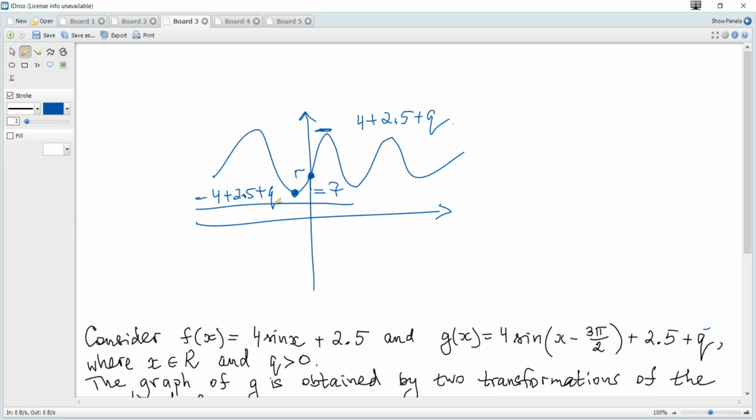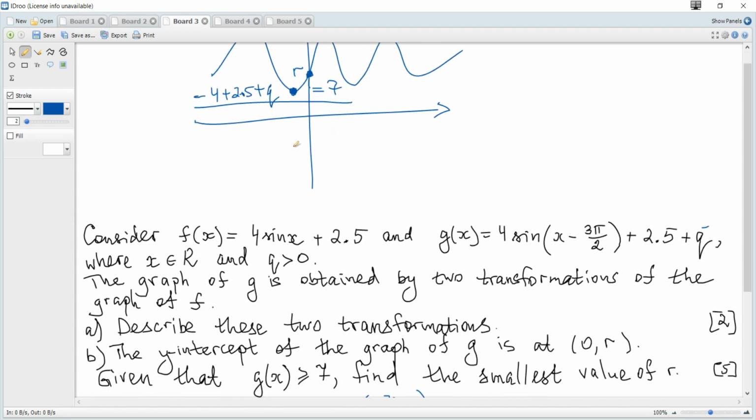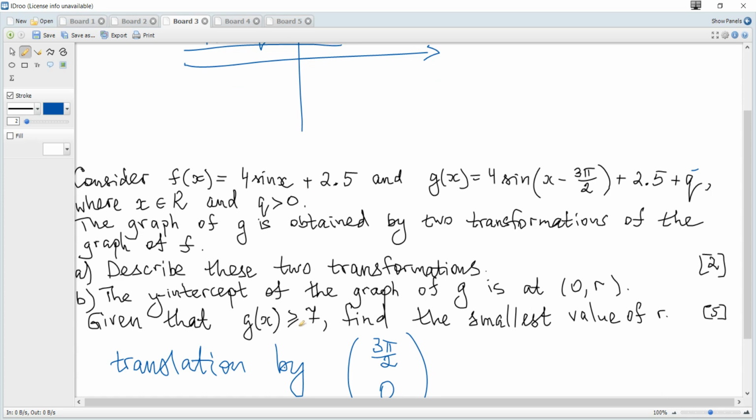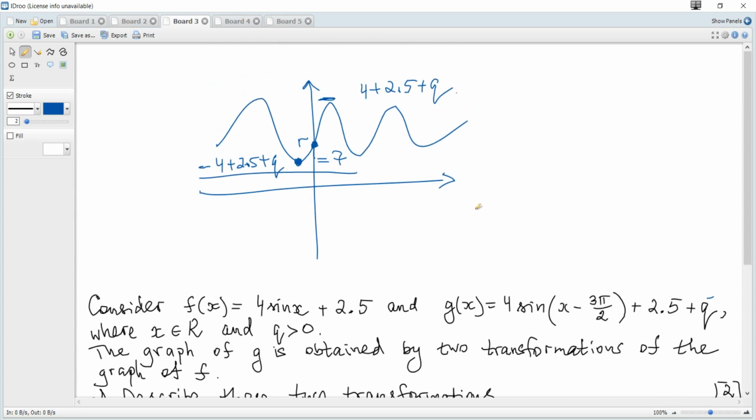We can find q from this condition. Definitely q may be 1,000 or 1,000,000, and the graph will be higher, and hence there will be some other y-intercept, but it will not be the smallest. So the smallest possible y-intercept is when the smallest possible y value of this function is 7, so the minimum is 7, and hence we can find q.